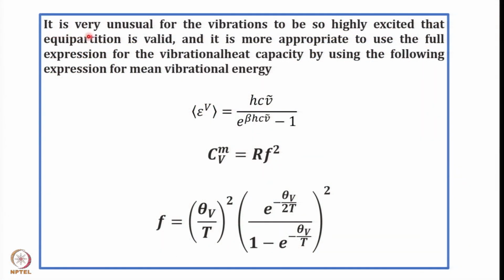It is very unusual for the vibrations to be so highly excited that equipartition is valid, and it's more appropriate to use the full expression for the vibrational heat capacity by using the following expression for mean vibrational energy. What is the meaning of this comment?